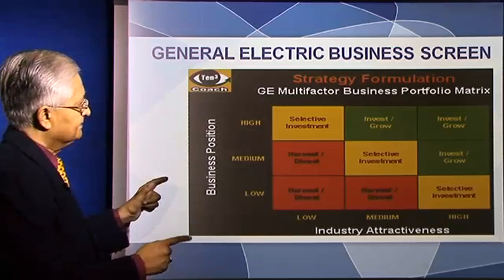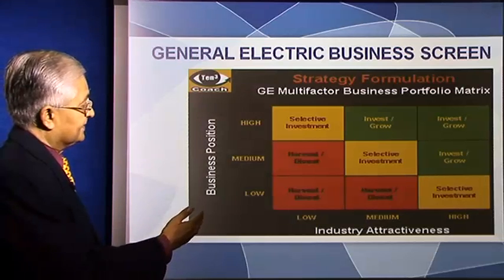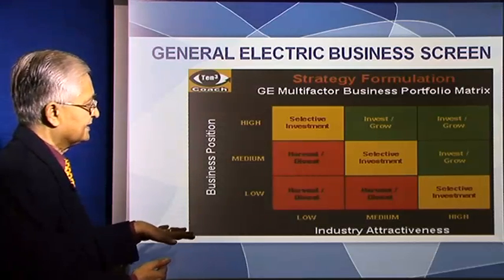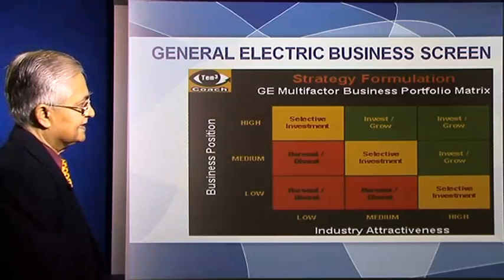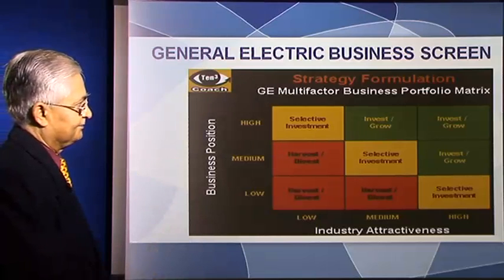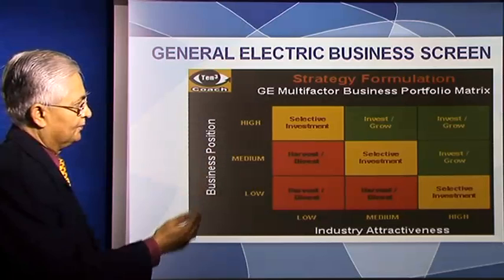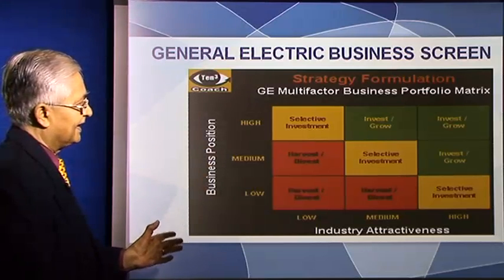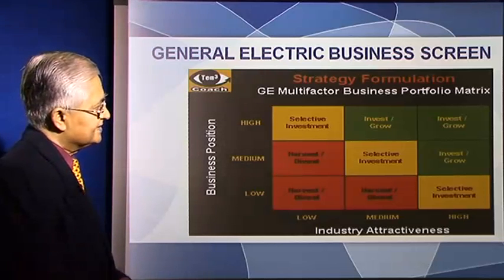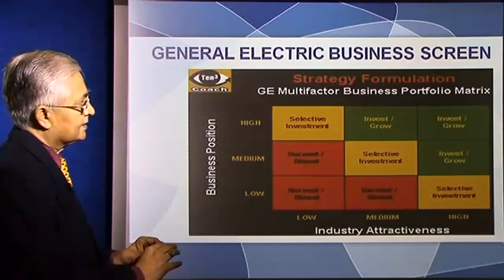If both are medium, you would consider selective investment. If attractiveness is high, but your company's position in that industry is low, you would consider selective investment. That's really the dividing line. On one side you have invest and grow. On the other side you have harvest and divest. Okay? So, this helps us to decide on corporate strategy.